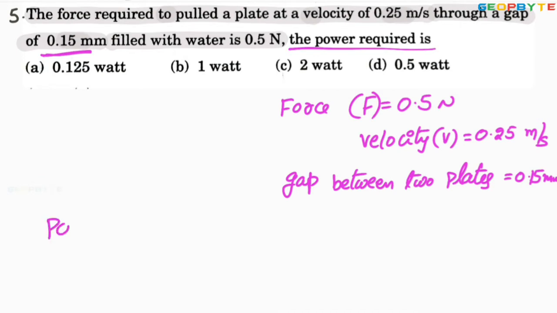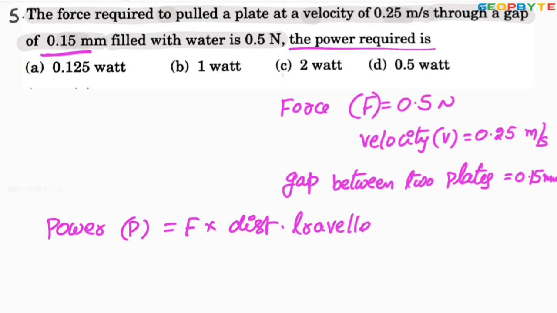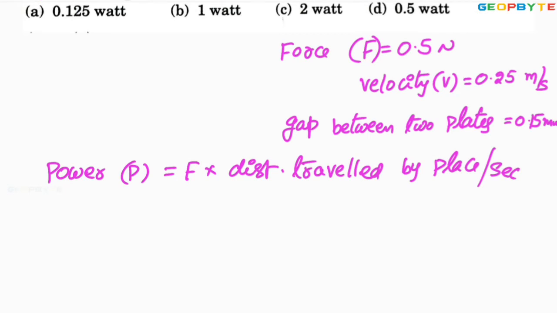As we know, power P equal to force multiplied by distance traveled by the plate per second. Here distance traveled by the plate per second is nothing but the velocity. So finally it is 0.5 into velocity 0.25. You simplify this value for getting 0.125.